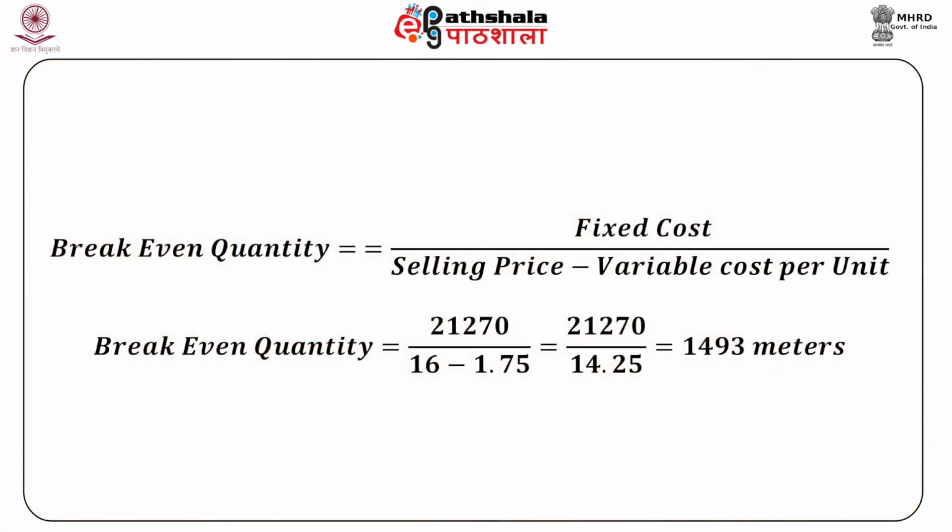Now break-even quantity is equals to fixed cost divided by selling cost minus the variable cost per unit, which is 21,270 divided by 16 minus 1.75, which gives us 1,493 meters of cloth.